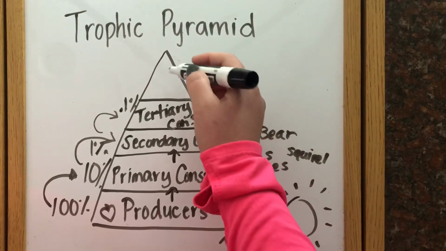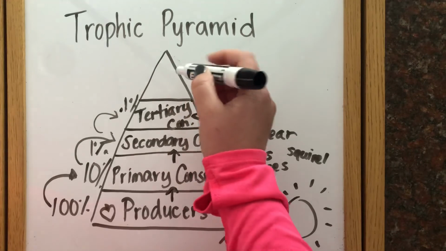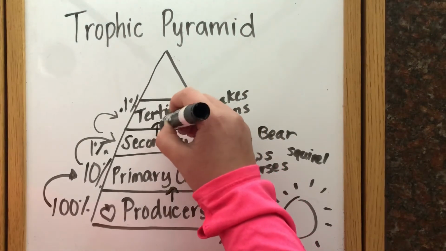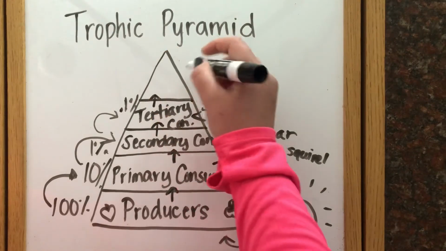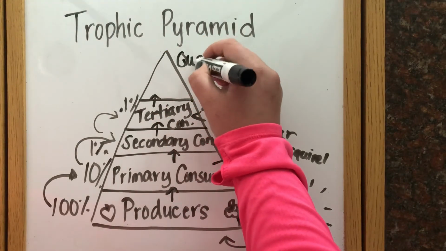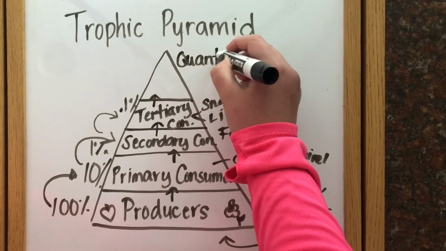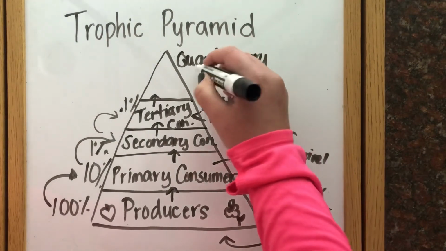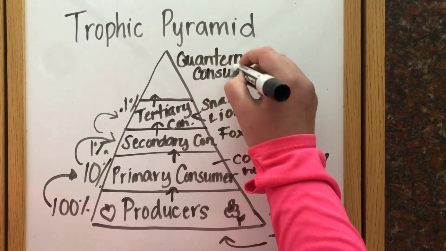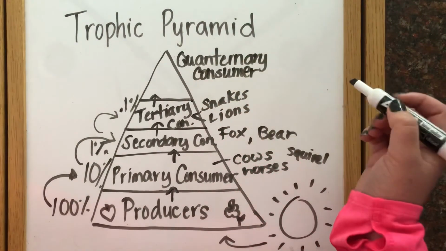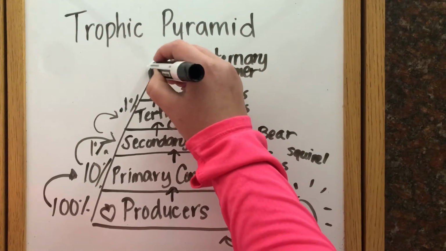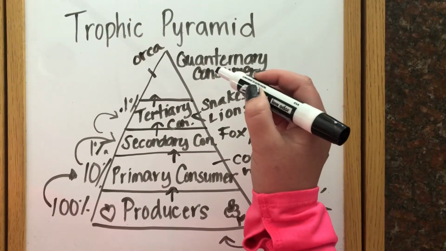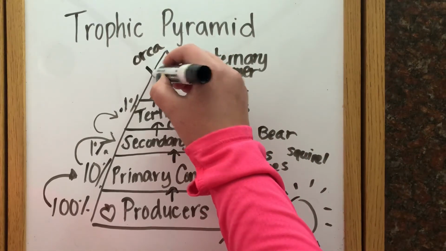Finally, this top one, which doesn't always fit in every food chain, but if there was a 5th organism in the food chain, we would move up to something called our quaternary consumer. These are your real tops of the food chain. These are things like, in an ocean ecosystem, maybe an orca, because they'll prey on a lot of different marine species.